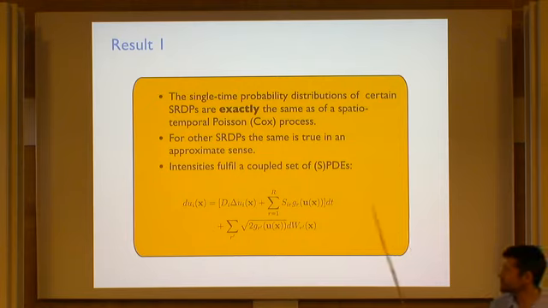They look a little bit different for the precise representation, but basically they look almost the same as in the chemical master equation. You just have the rate functions. Yeah, exactly.